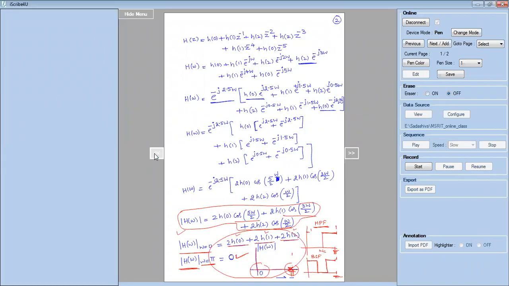Just one empirical example: I can choose h of 1 as minus 0.75 and h of 2 as minus 0.25, and h of 0 as 1. Then it will become 0 even at omega equal to 0. Yes, sir. Then it can behave like a band pass filter. It may. Okay, sir, understood.